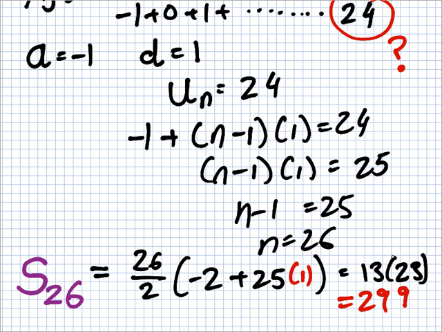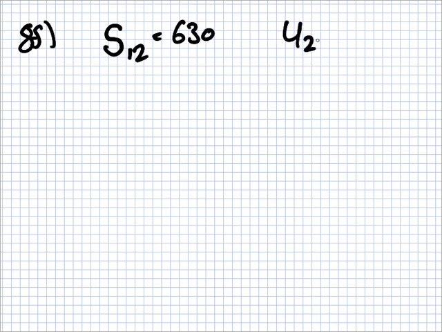Okay, shall we look now at 8f? In 8f, I tell you the sum of the first 12 numbers is 630, and the 27th number is 237.